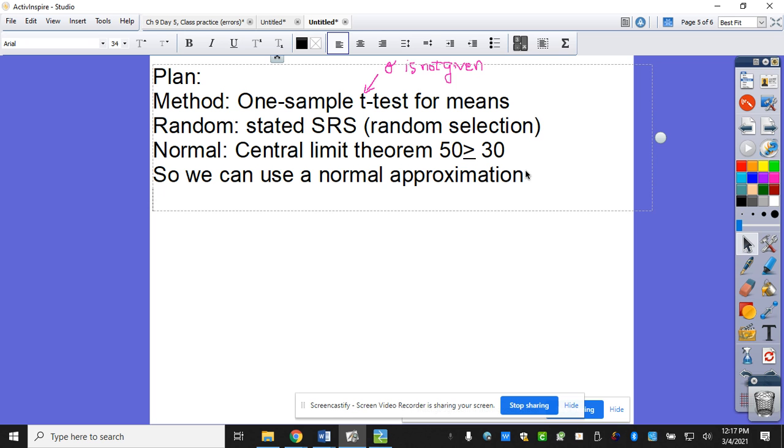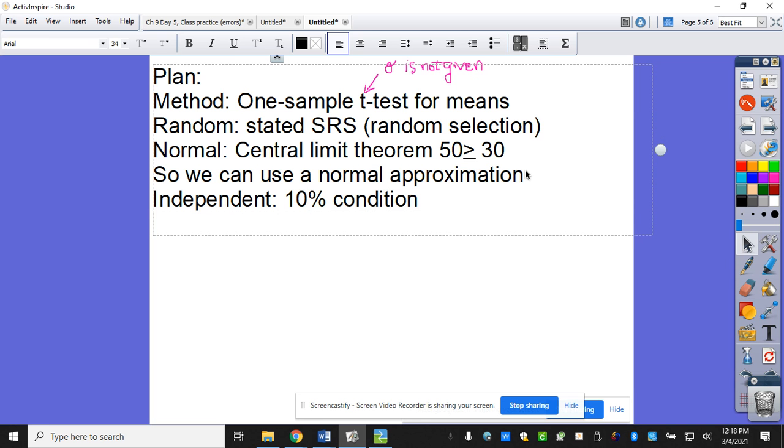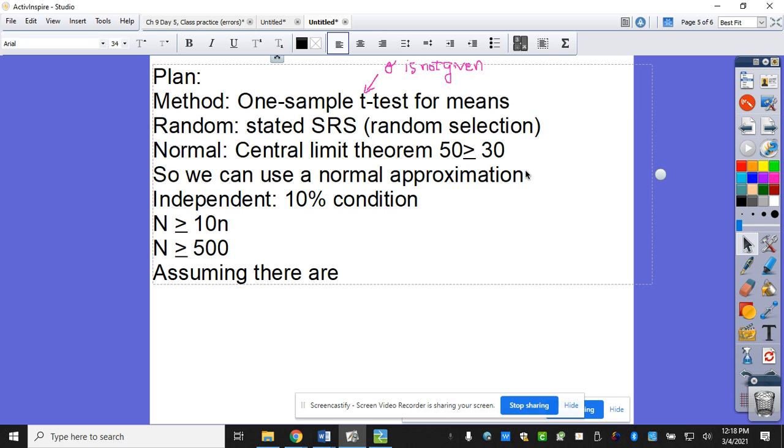What's my next condition? To make sure that you write both independent and 10% condition. I'm checking that capital N is greater than or equal to what? And then so it ends up being that capital N is greater than or equal to, and then so we put that in words, assuming or there are at least, doesn't matter.